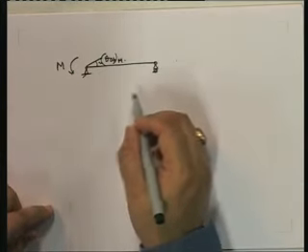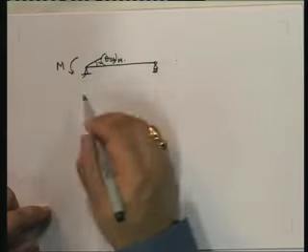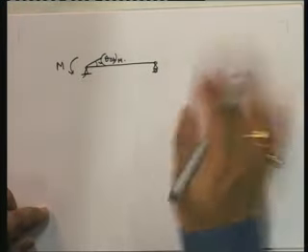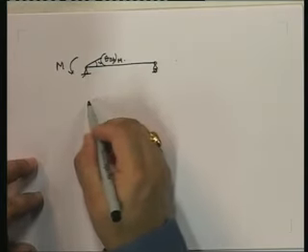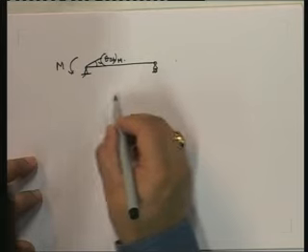How do I find that out? You will see that it comes out from the original slope deflection relationship that we have, but I'll do it from first principles.